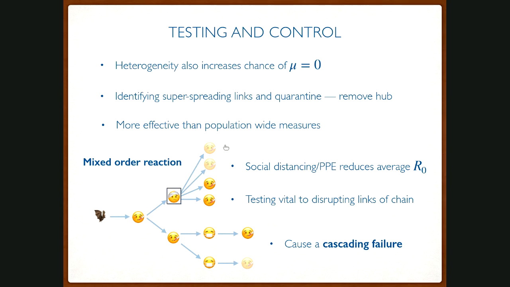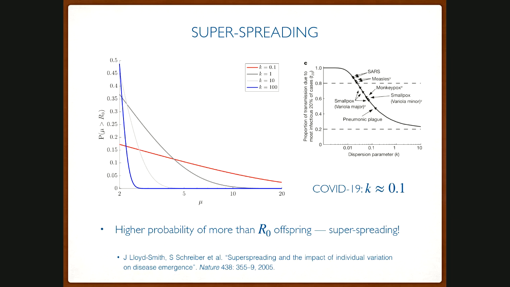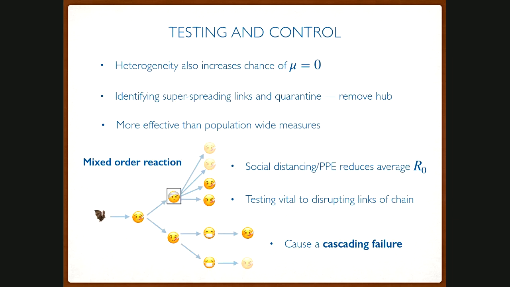And with the increased probability of no infections being passed on by some people, we could cause a cascading failure and cause the epidemic to die out. So this is another way of thinking about control in terms of chain reactions and disrupting the key links of the chain.